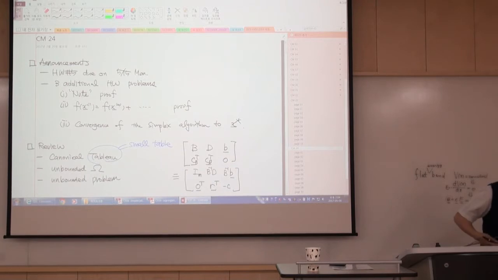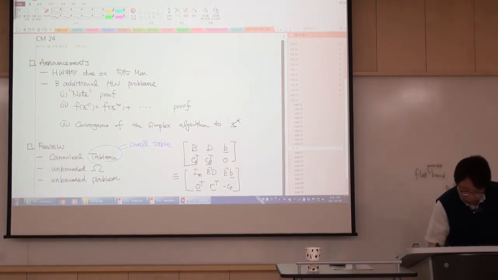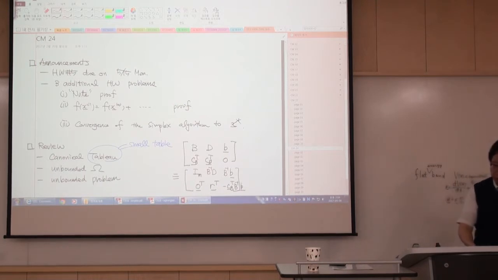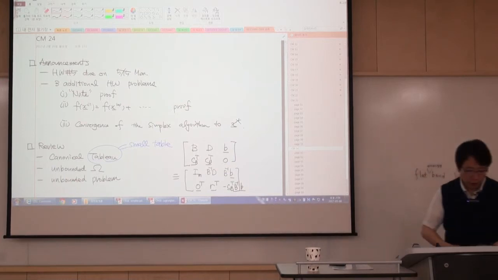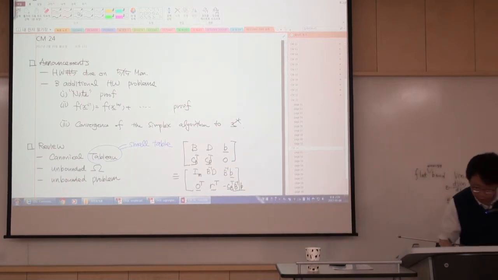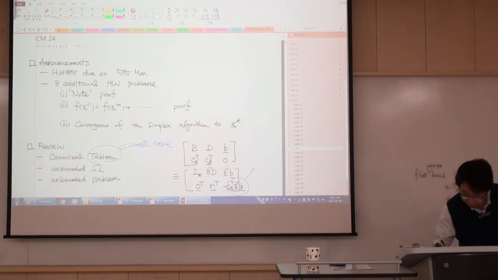And surprisingly, here what you obtain is minus, let me see, c sub, this is really confusing, c sub B transpose B inverse b. Okay, so what is this, by the way? This is the negative of f of x0.